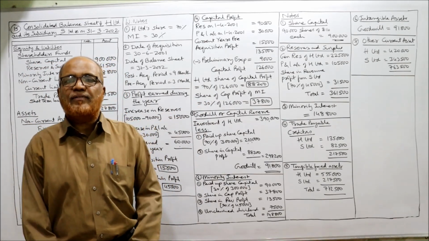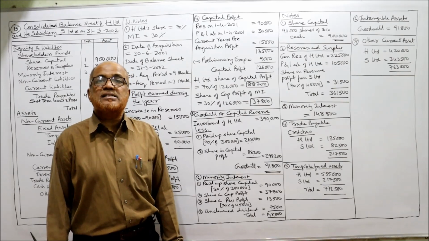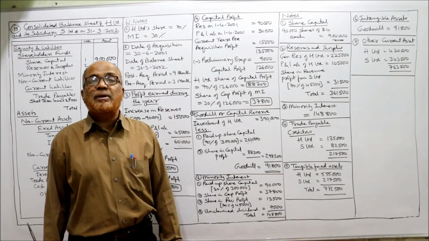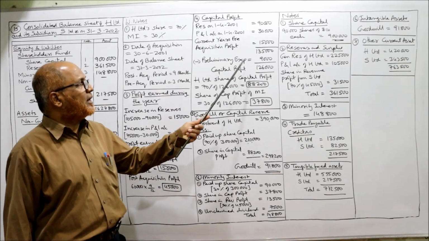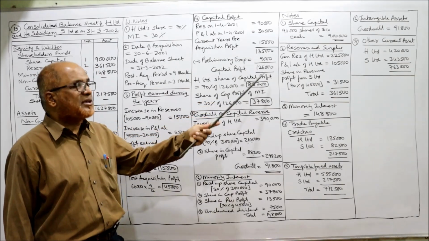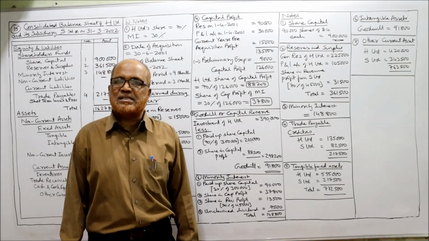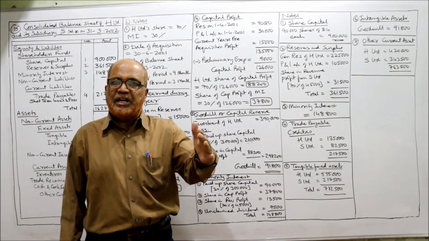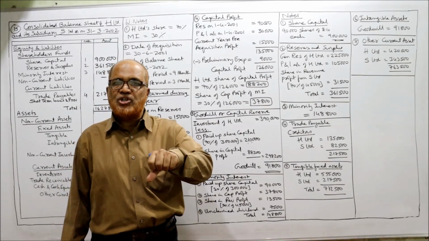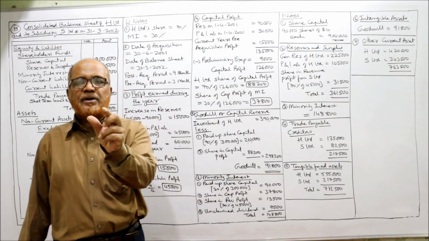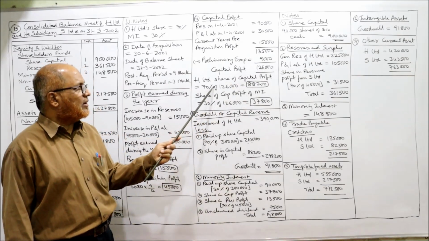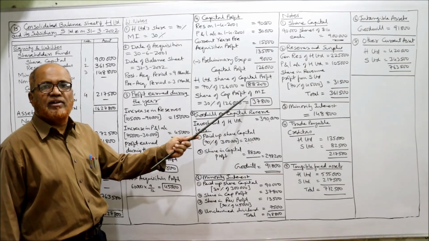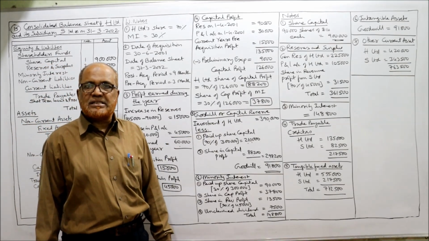Apart from that, we will have a capital loss, that is preliminary expenses. So deduct preliminary expenses 9,000, we'll get capital profit 1,26,000. Now this 1,26,000 capital profit will be divided between H Limited share and minority interest. 70% of this 1,26,000 will go to H Limited share, and 30% of 1,26,000 will go to minority interest.